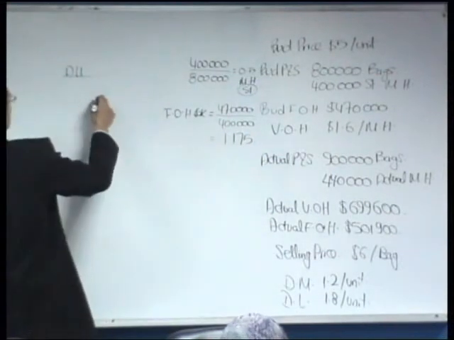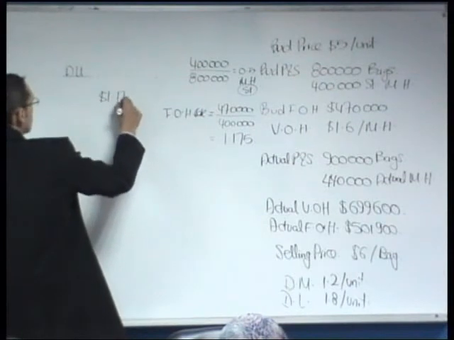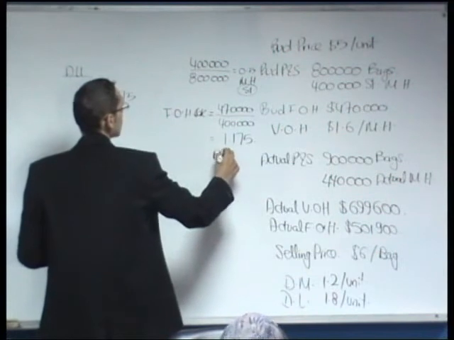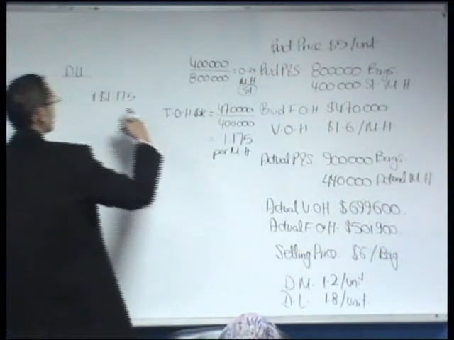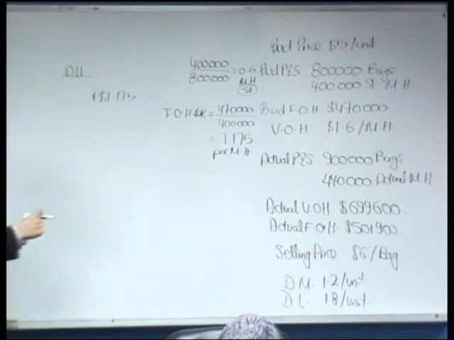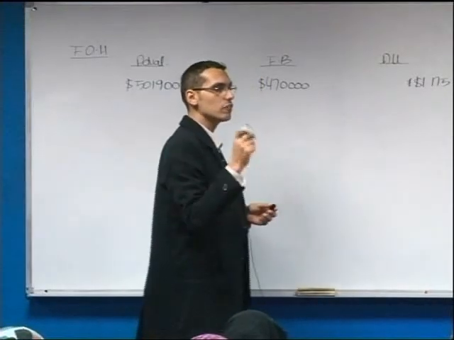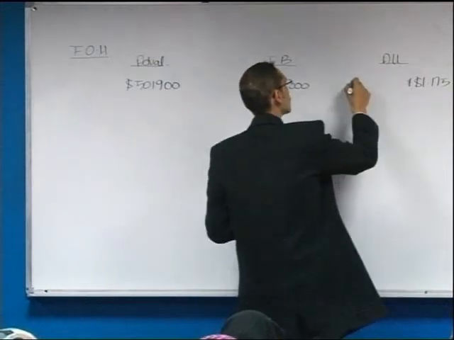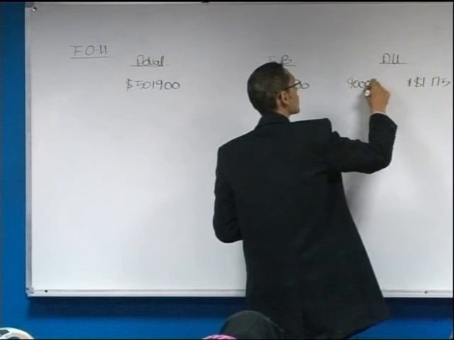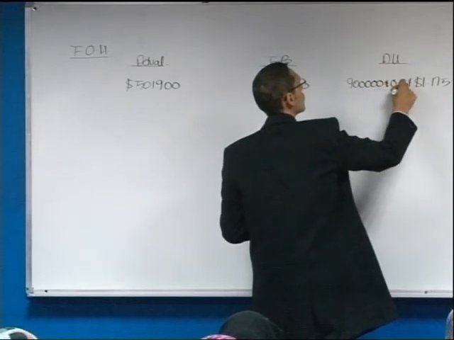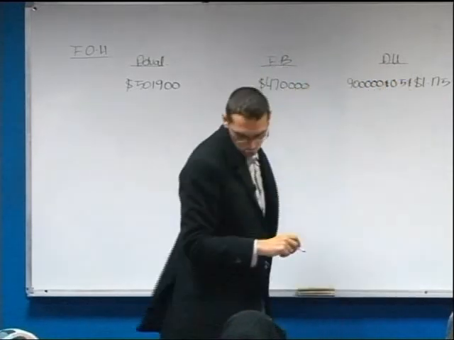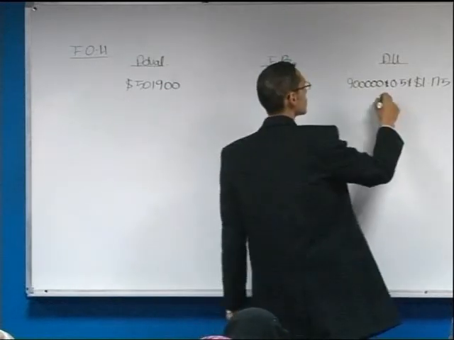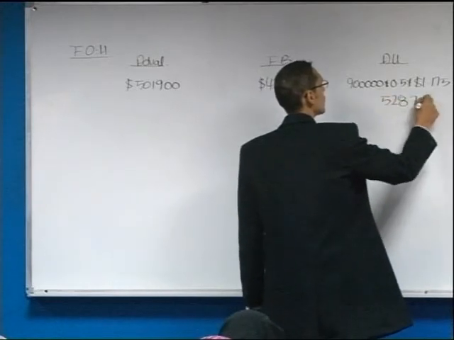Therefore, this is the rate. Of course, this 1.175 is per machine hour. Now we need to multiply the 1.175 by the budgeted quantity of machine hours for the actual output. Therefore, 900,000 bags multiplied by 0.5 would equal 528,750.